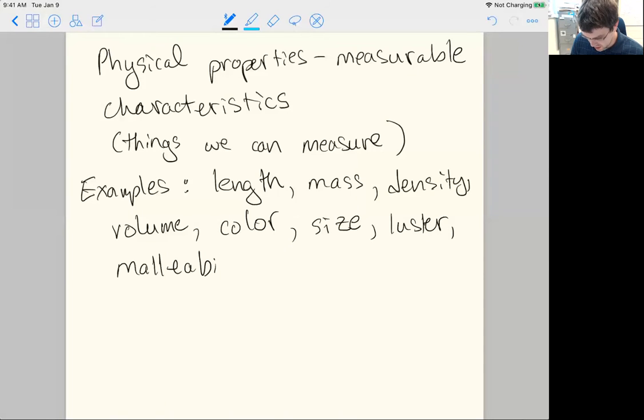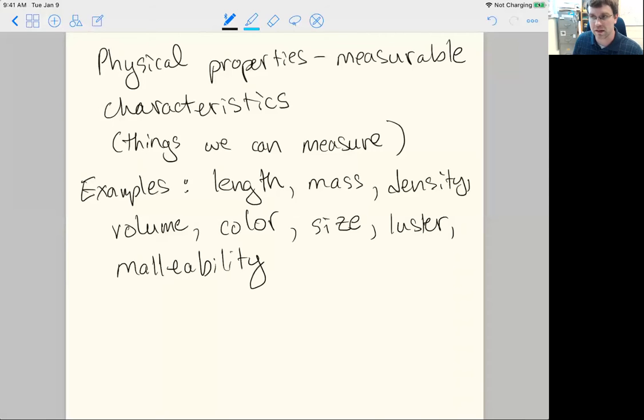Some of these are fairly clear. Like, how many times have you made an observation about an object's size? Probably frequently, probably constantly. We make observations about the size of things. So that's really us assessing a physical property of an object.